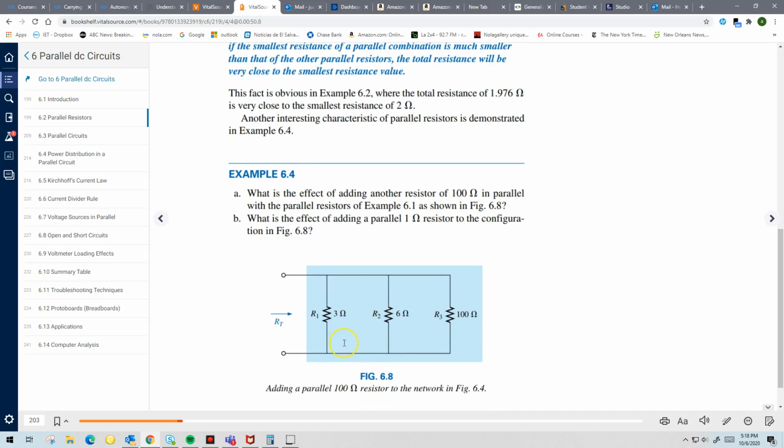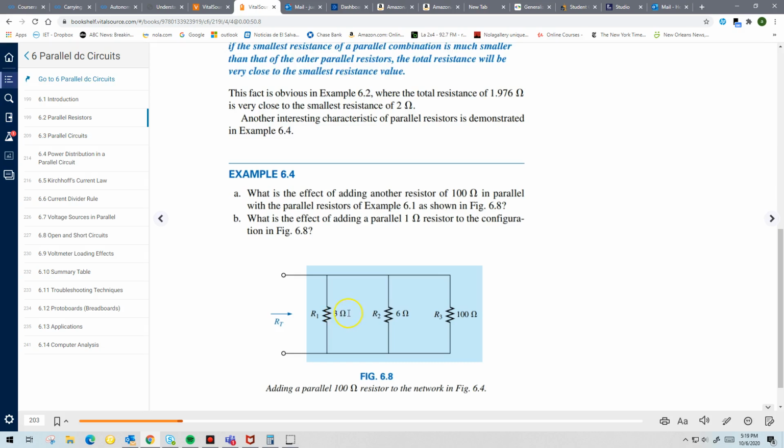For example, just by looking at this example here, we have a 3, a 6, and a 100 ohm resistance, all connected in parallel, as we know. Well, without even doing the math, by the time I calculate the total resistance for these 3 parallel resistors, I can tell that the total resistance is going to be smaller than the smallest resistance.